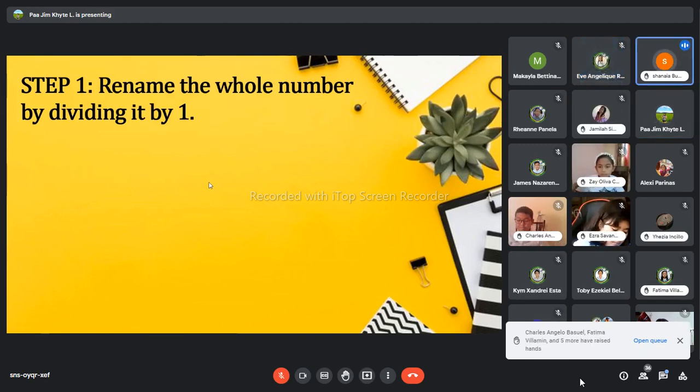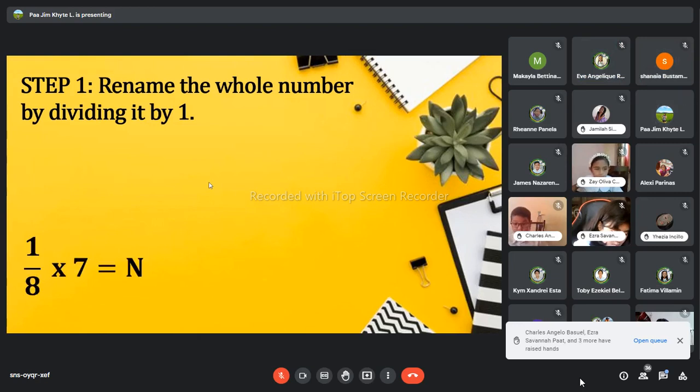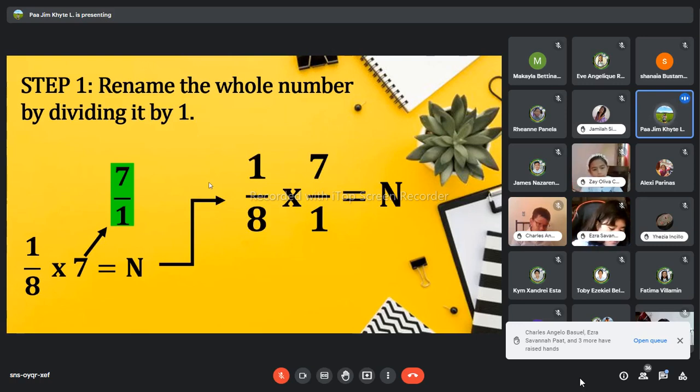Rename the whole number by dividing it by 1. That's right. If we take a look at our equation, it is 1/8 times 7. So our whole number is 7. We will divide it by 1 and it will look like this. So our equation will be written as 1/8 times 7/1 is equal to n.